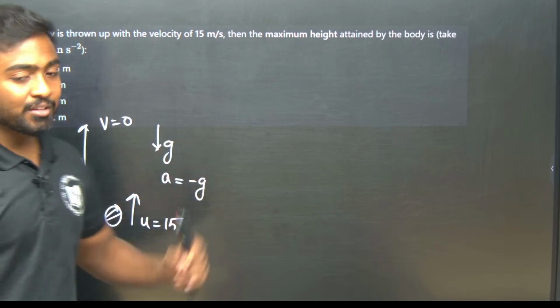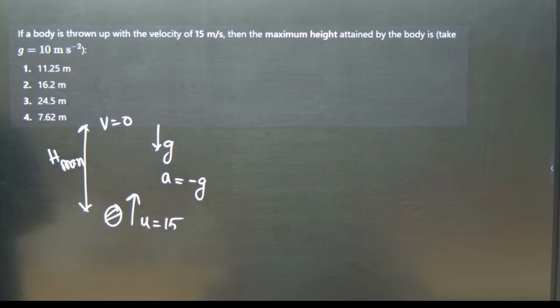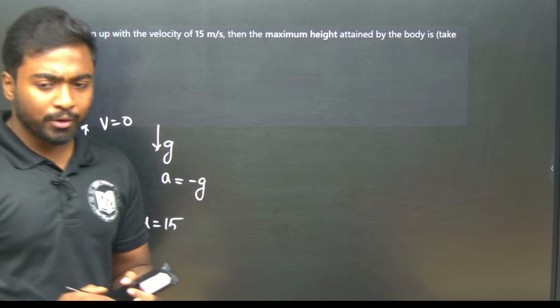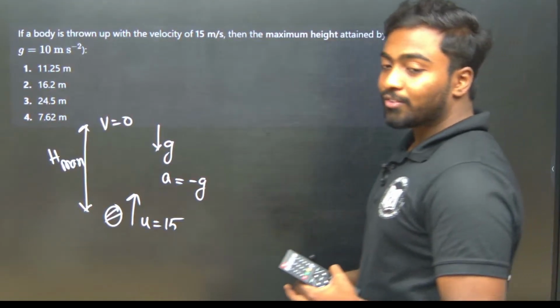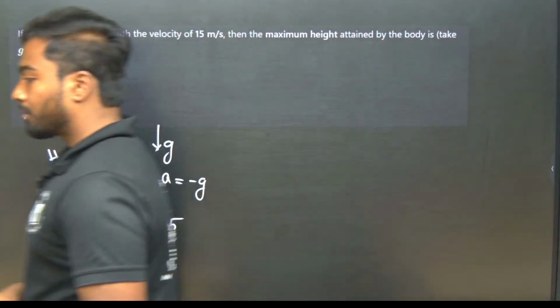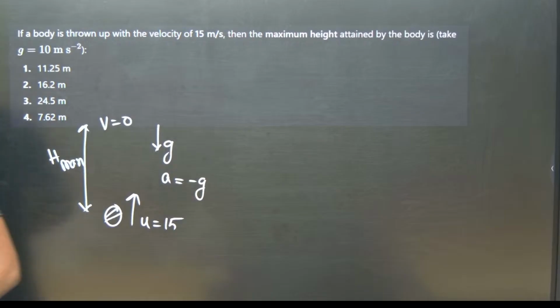Okay, can you give the answer for this question? Guys, whoever is watching online can also give it. If you have to find time, then use the third equation. You'll solve it and we'll see the answer. Whoever is watching online can give the answer in the comment boxes. We'll check the answers once we solve.